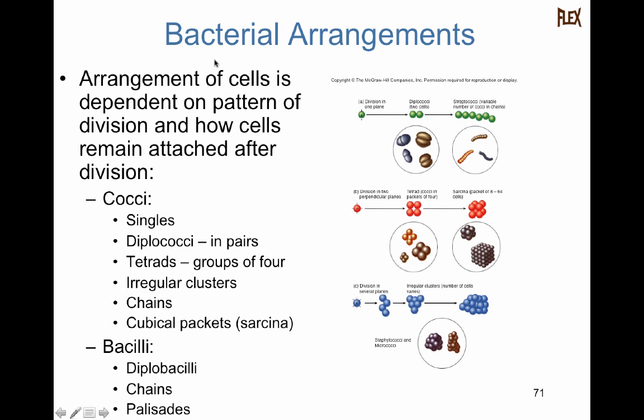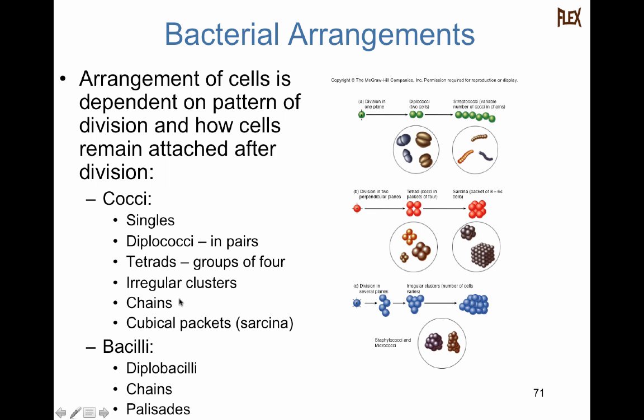So along with single cell shapes for bacteria, right? I said coccus is one spherical shaped cell. We said bacillus, right, is the rod shaped. They also have these multicellular arrangements. So even though the single organism is one coccus itself, it may actually exist in nature in a chain of cocci.